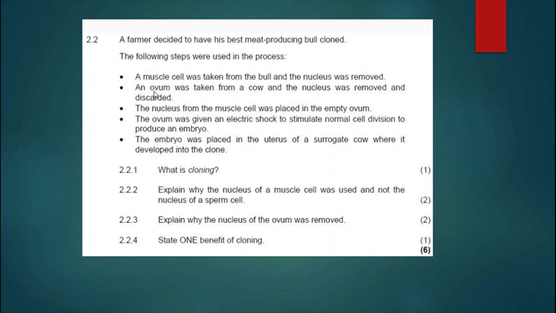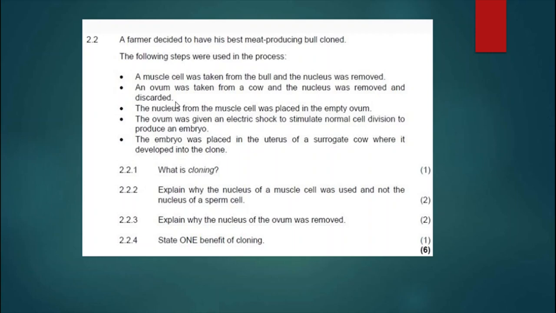An ovum was taken from a cow and the nucleus was removed and discarded. When you see the word discarded, it means that this sentence is talking about a cow that is going to be used as a surrogate, right? Why was it discarded?